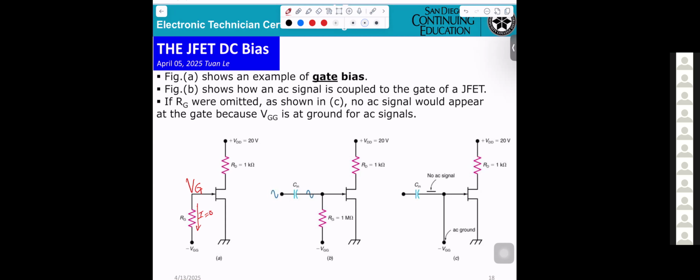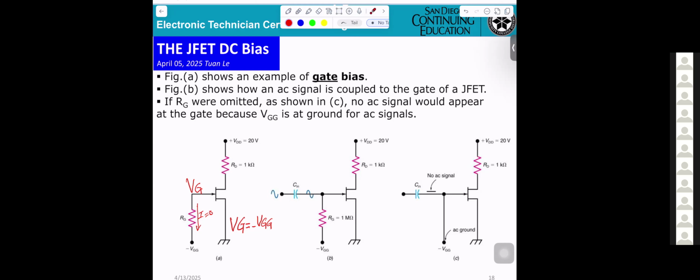That only tells you VG equals minus VGG, because there is no drop across RG.